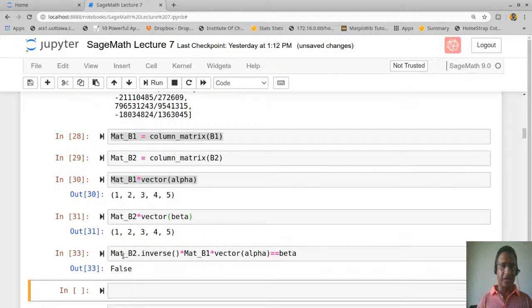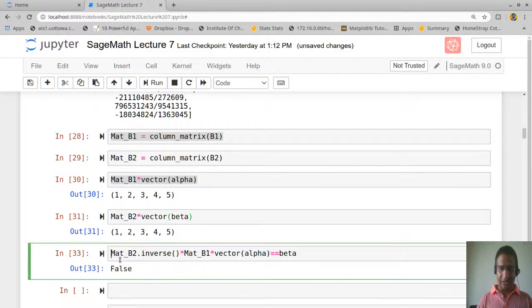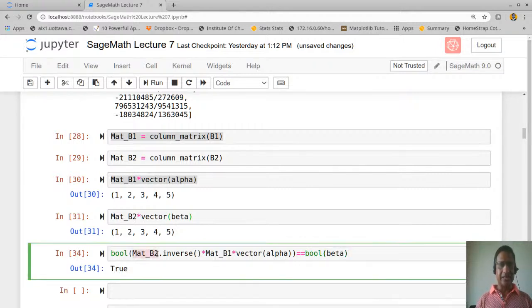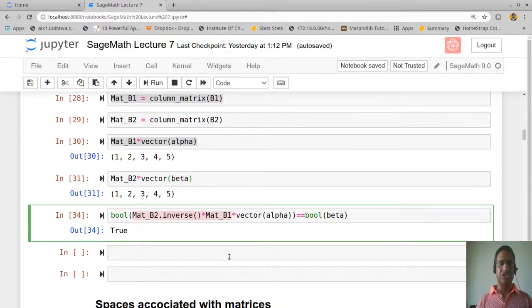Okay, at present this says false, but I think we have to use boolean of this and then boolean of this. That's true. Okay, so we have verified. So this matrix, mat b2 inverse b1, is what is called change of basis matrix or transition matrix.